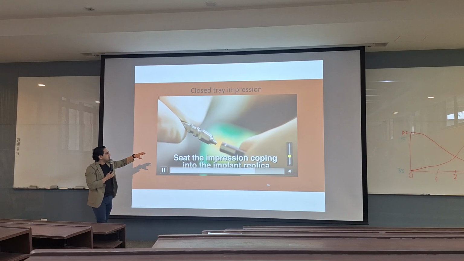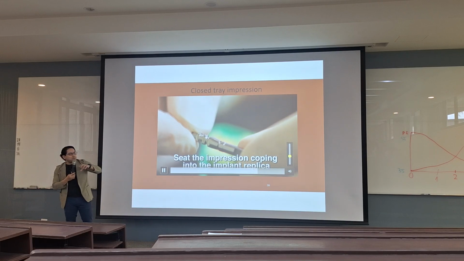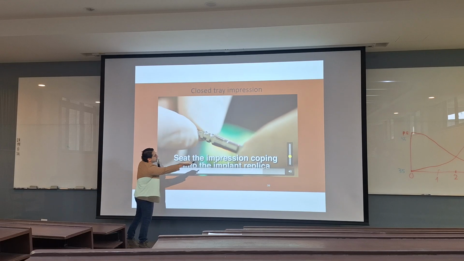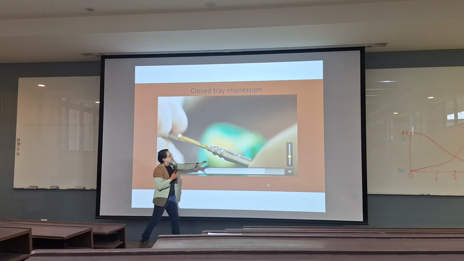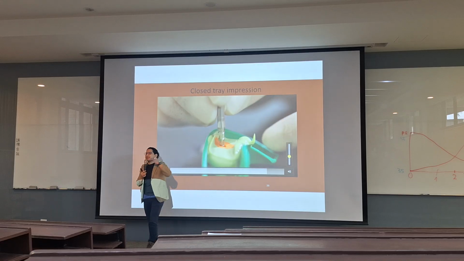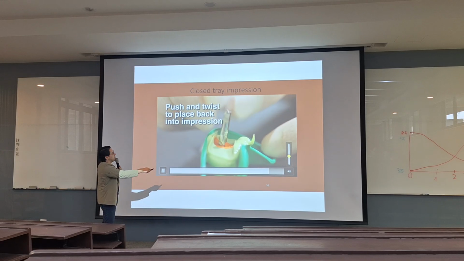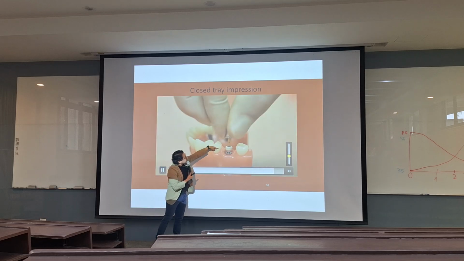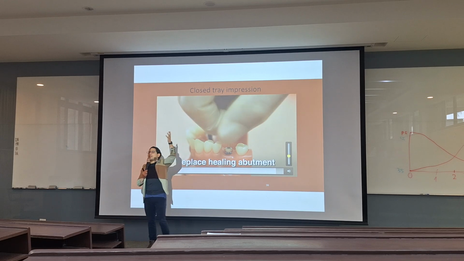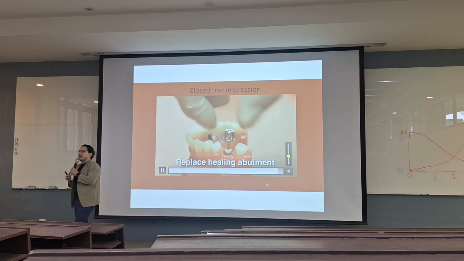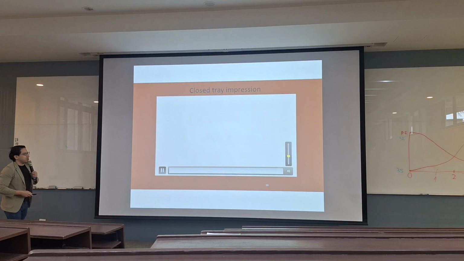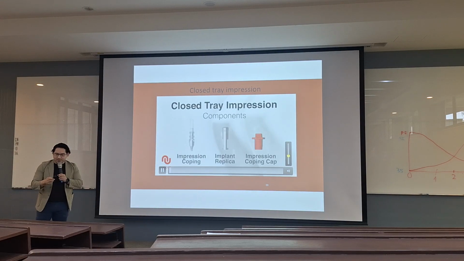It creates a shape that is unique in the impression. So we connect that post to an analog. The analog is just a mimic of your dental implant in your patient. So the post that you use in the patient goes inside of your impression, and the analog goes inside the stump. Okay? And then you put back your healing abutment. Okay?